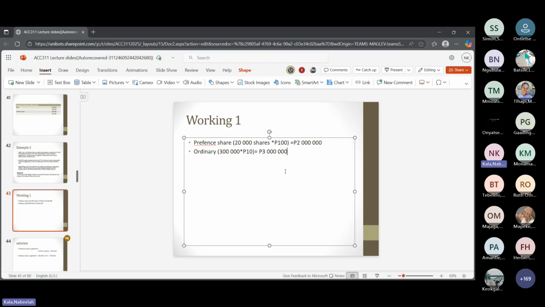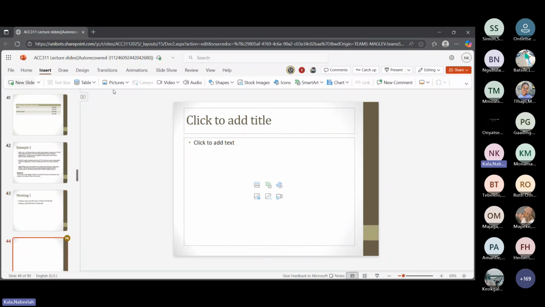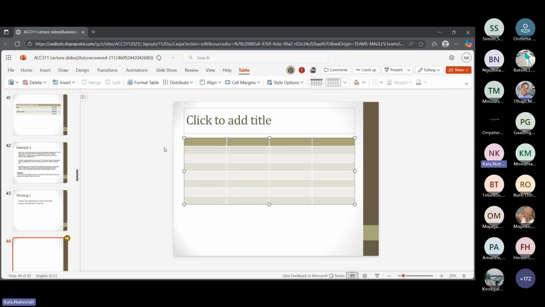Okay. Now let's go to our journal entry. So we have to do ledger accounts. So our ledger here, this is the bank account. I'll start with the bank.